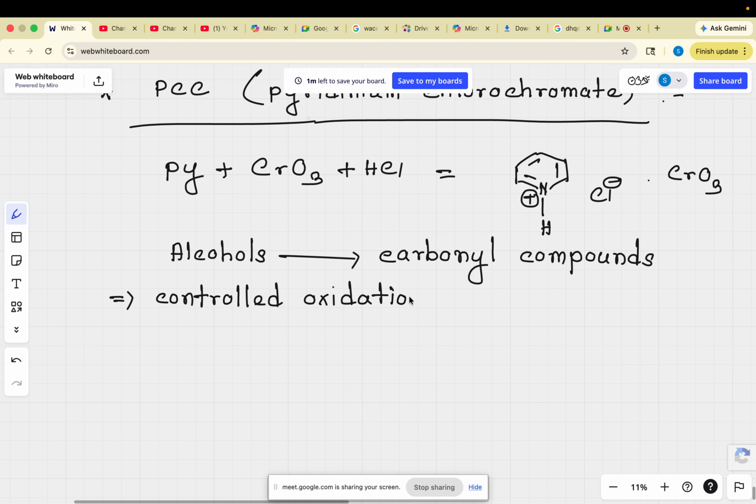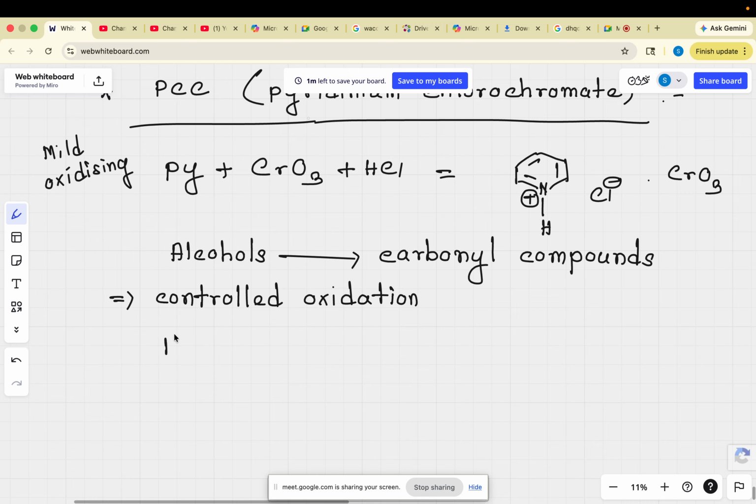Full oxidation means the alcohol would go all the way to carboxylic acid, but PCC is a mild oxidizing agent. Keep in mind, this is a mild oxidizing agent. So it will stop at the carbonyl compounds, aldehyde and ketone.